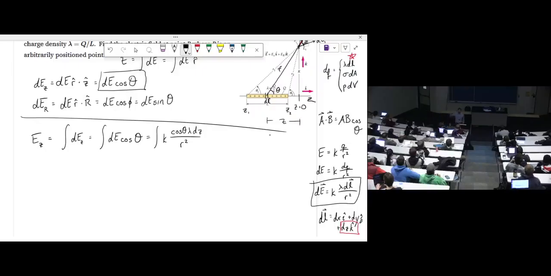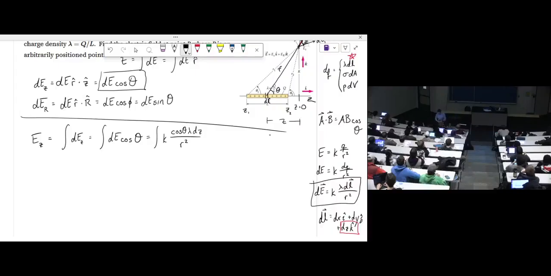And then you'll have to find r squared in terms of little z and big R. You end up getting a factor of z in the numerator, and a factor of z squared plus R squared raised to the power 3/2 in your denominator.